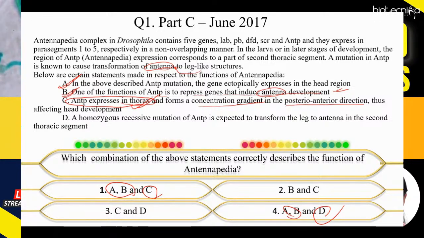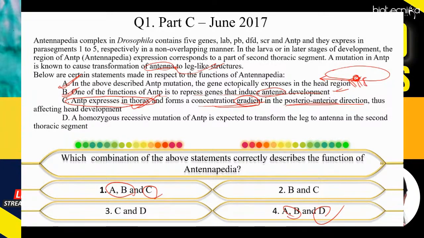See, normally it is forming in the posterior anterior direction. If it forms a gradient, then don't you think the leg-like structure in the Drosophila would be formed everywhere from thorax to head? Correct? In the thorax, it is expressed normally in wild type, where it produces leg-like structure.